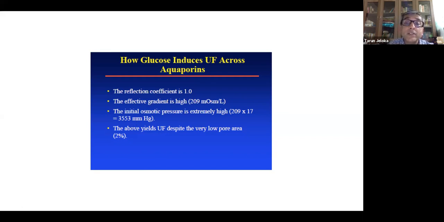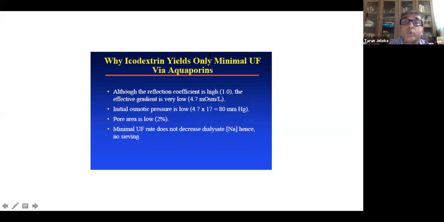And that is why even when the aquaporin channels are only 2%, because of the strong osmotic pressure, the fluid initially gushes out into the peritoneal cavity, leads to dilution of the dialysate, the sodium sieving effect, and everything. So I hope if you have understood the mechanism of calculation, you will appreciate why aquaporins are stimulated by glucose and why not by icodextrin.